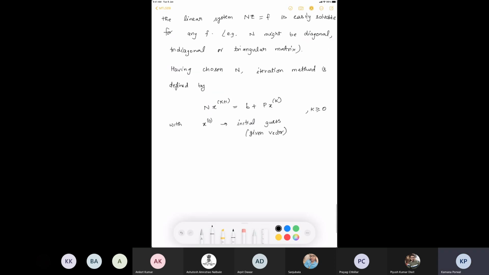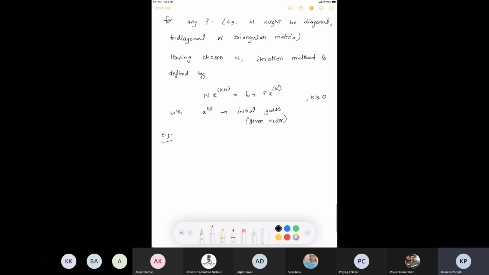As an example of this particular setting, we have already seen the Jacobi method. So what is the matrix N for the Jacobi method? Can you tell me, please? Any of you?